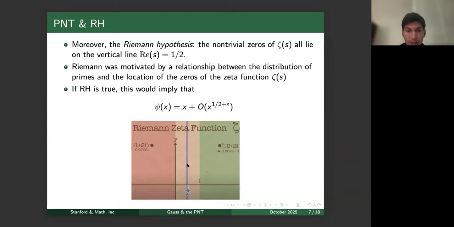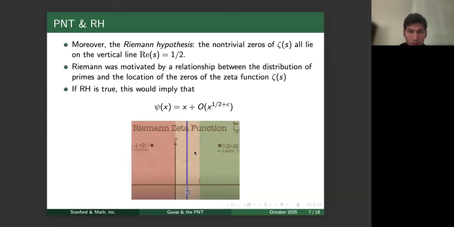That's because there's a symmetry relationship in the zeta function: if you have a zero of the zeta function at some point, then there is a reflection across this 1/2 line to get a corresponding zero on the other side of the half line.